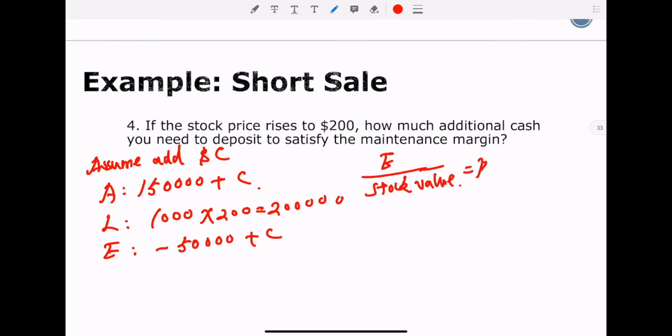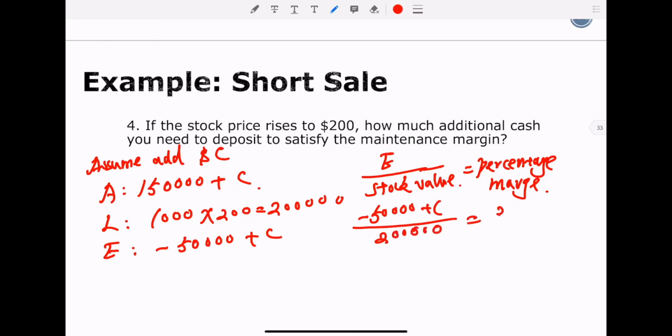To be more specific, the percentage margin equals minus $50,000 plus C divided by stock value, which is $200,000, right? Equals the maintenance margin, 30%.